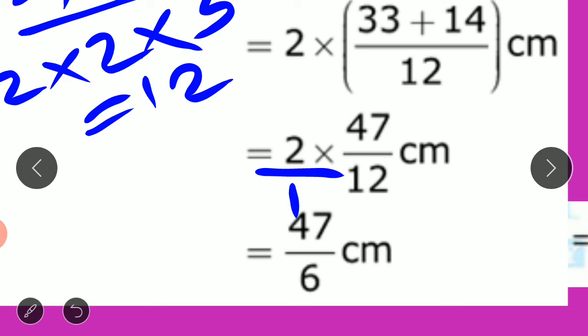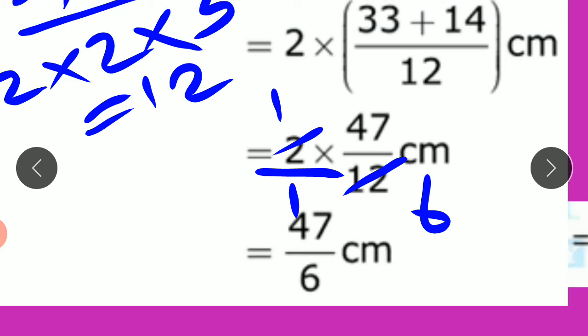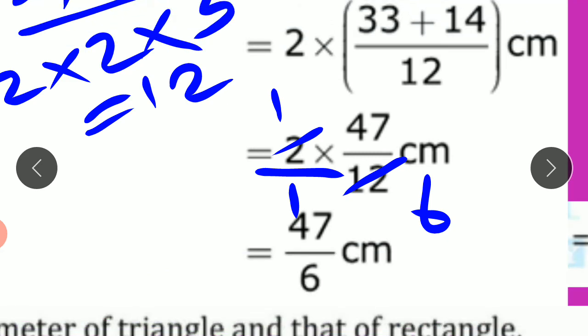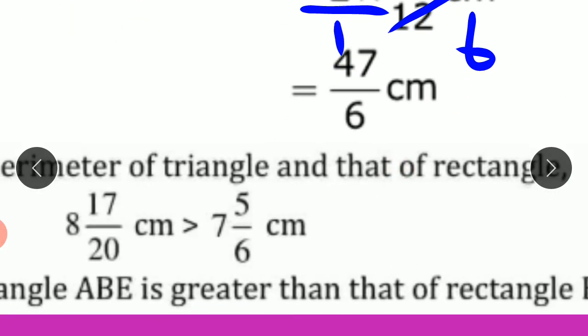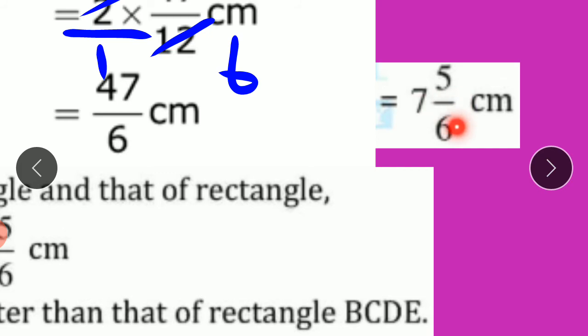The numerator 2 and the denominator 12 are both divisible by 2. 2 1s are 2, 2 6s are 12. So now we are getting 47 by 6. Again it is improper, so let's change into mixed form. When you change into mixed form, you get 7 and 5/6.